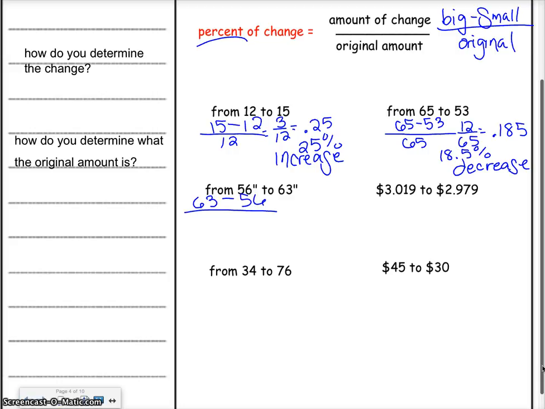Where did I start on this one? 56. So 63 minus 56 is 7 over 56. 7 divided by 56 is 0.125, which is 12.5%, and I got taller, so increase.